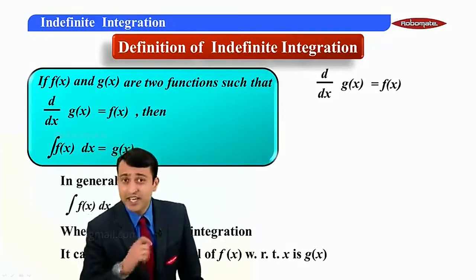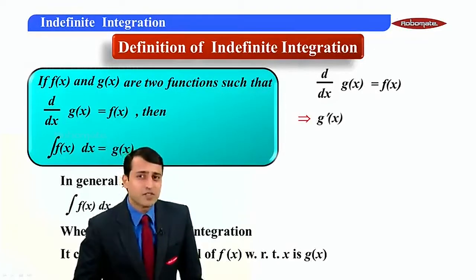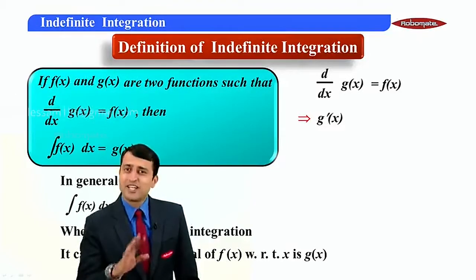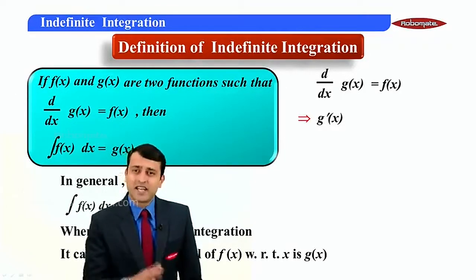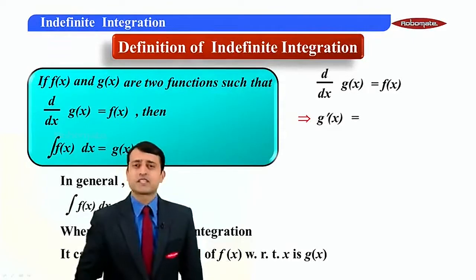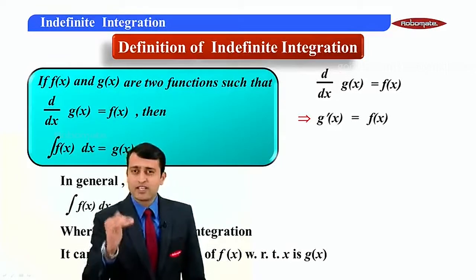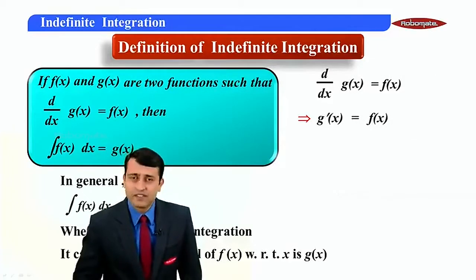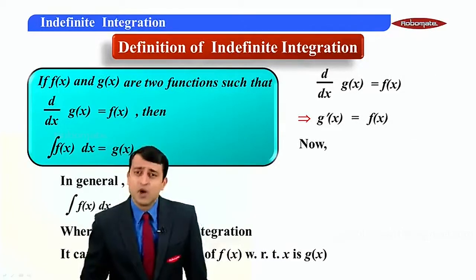You have studied that in derivatives. It can also be represented as g dash of x. The right hand side, f of x, remains as it is. So what is written above is as good as g dash of x is equal to f of x.